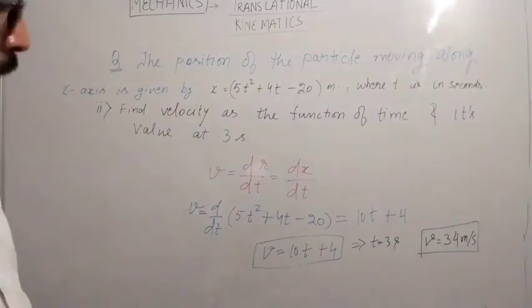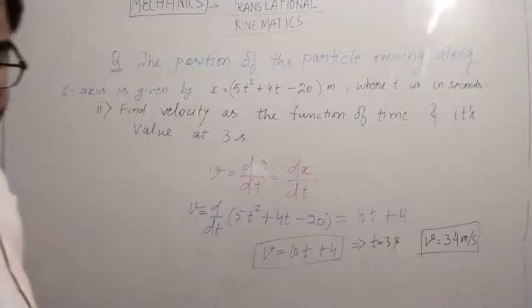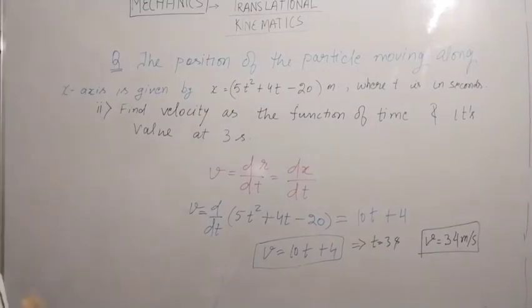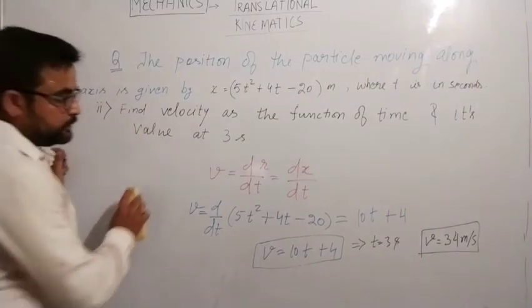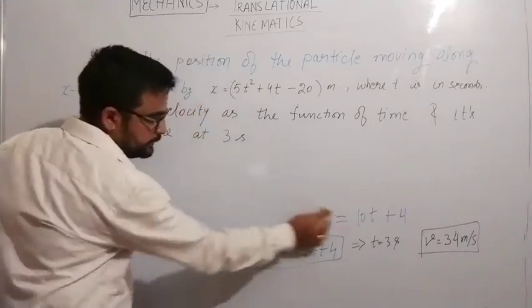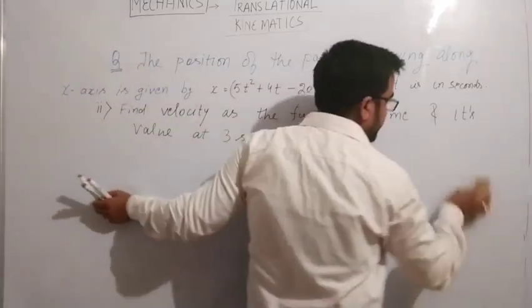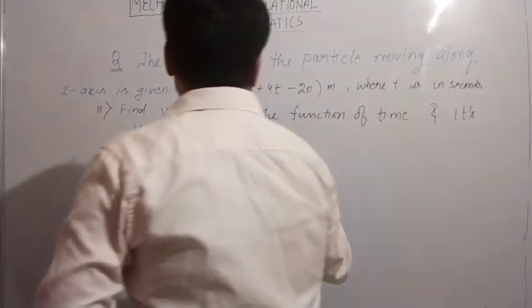Next is find the acceleration at t is equal to 2 seconds, right? Next you have to find the acceleration at t is equal to 2 seconds. So again, I think it's very clear.